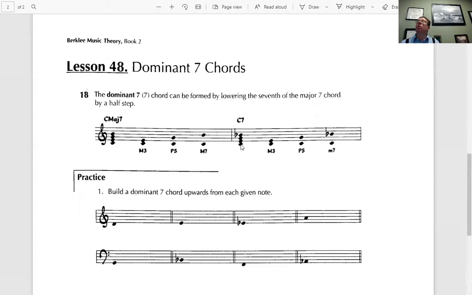So C, E, G, B flat. You're going to lower that major seventh to a minor seventh interval, right here where my mouse is indicating. If you're constructing it intervallically, it is a major third, then a minor third, and then another minor third. And that is broken down there.